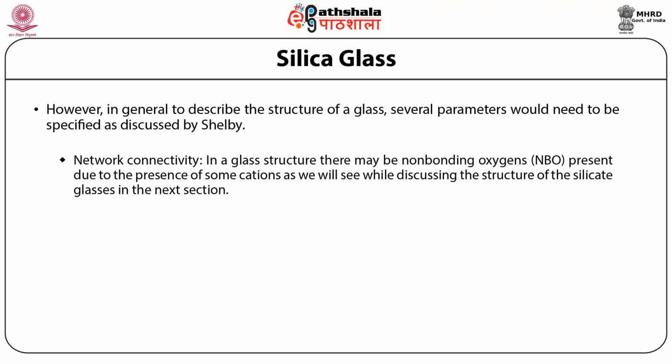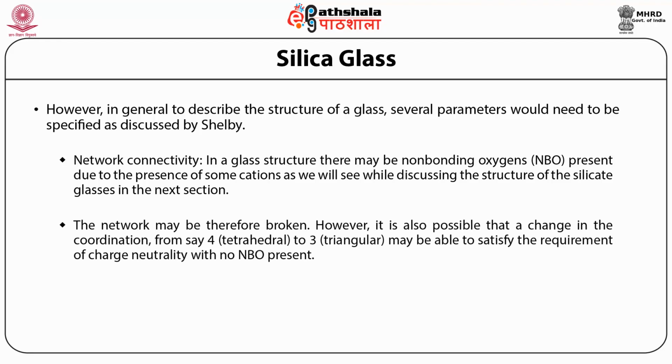Network connectivity. In a glass structure, there may be non-bonding oxygens, that is NBO, present due to the presence of some cations, as we will see while discussing the structure of silicate glasses in the next section. The network may therefore be broken.